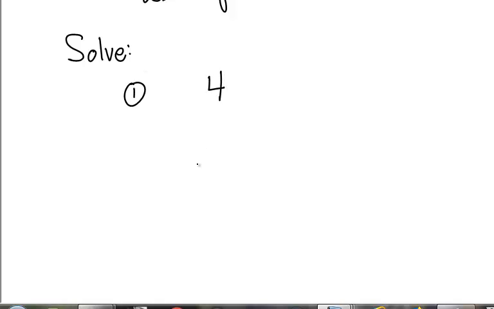An example, 4 to the 9n minus 2 power equals 256. What we're going to do on these is get the base the same. So you have to figure out 256 is 4 to what power? On your calculator, you know 4 squared is 16, 4 to the third is 64, 4 to the fourth?